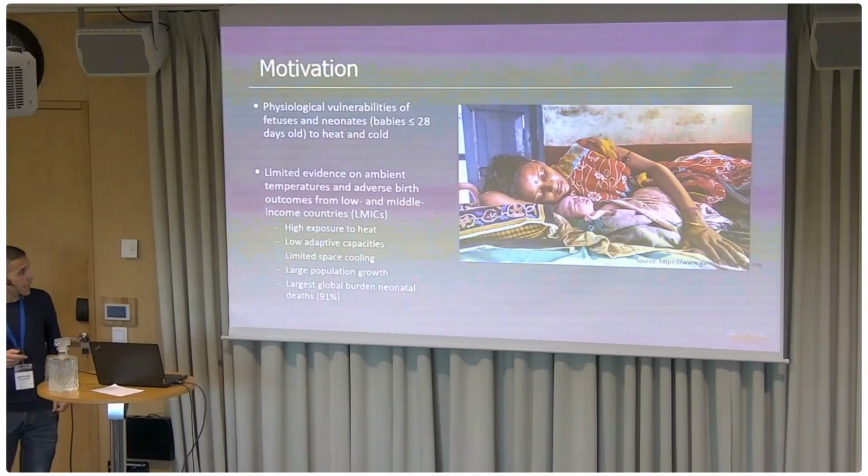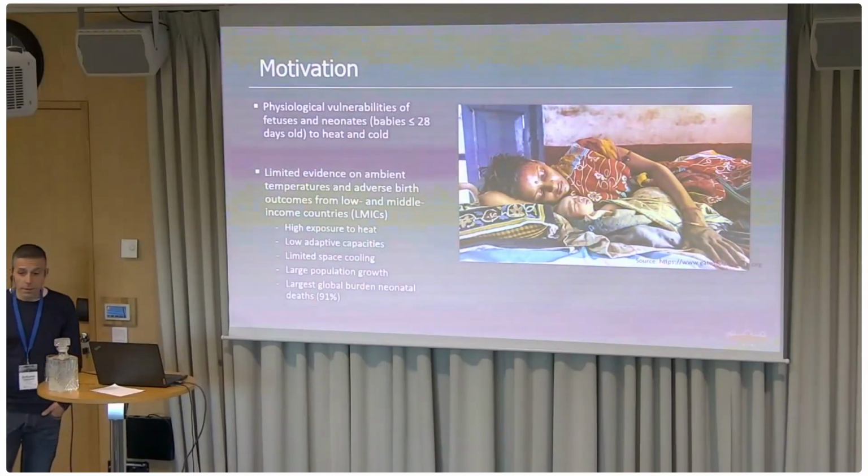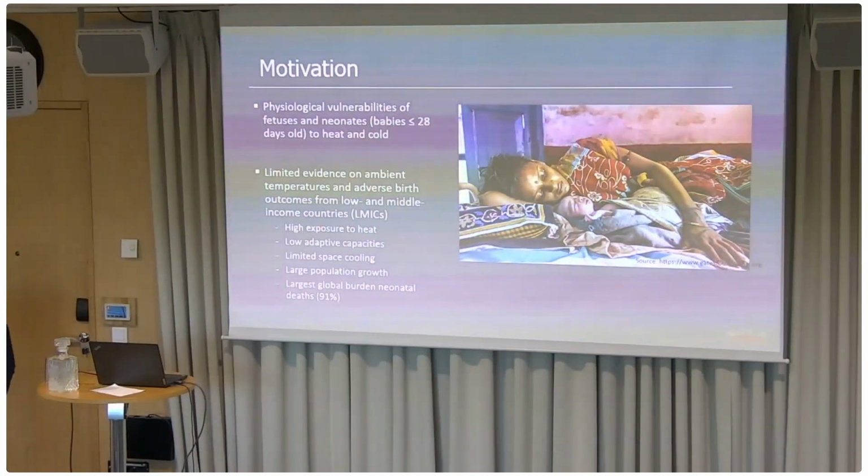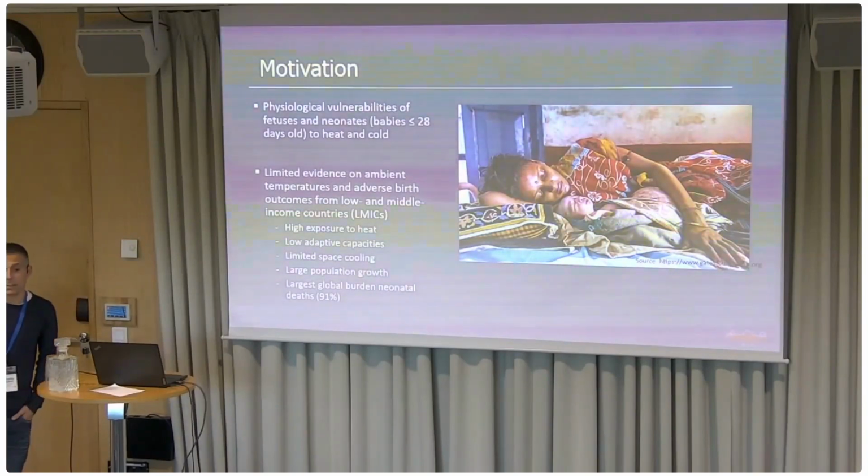The other important aspect is to focus on low and middle income countries. Of course, most of the studies on the health effects of environmental non-optimal temperature focus on high-income countries. There is already research on that.